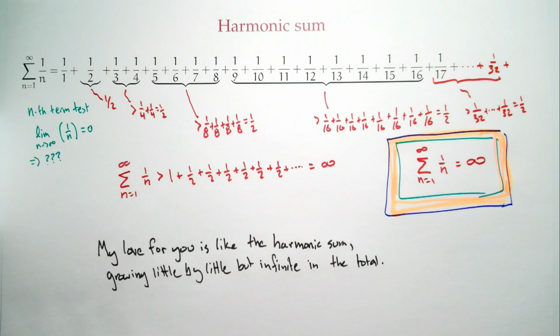It's okay. I don't mind. You can use this to woo a very math-oriented person. Because they'll say, that is like the harmonic sum. See, it does grow slowly because the terms are going to zero, but when you add them all up, it's infinite. What a beautiful line. All right, good.